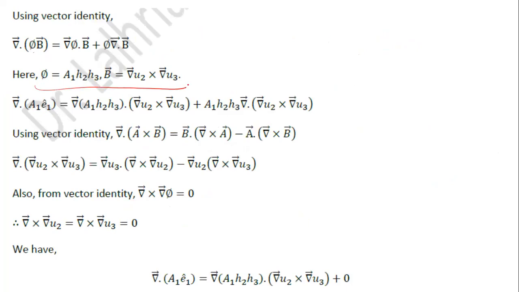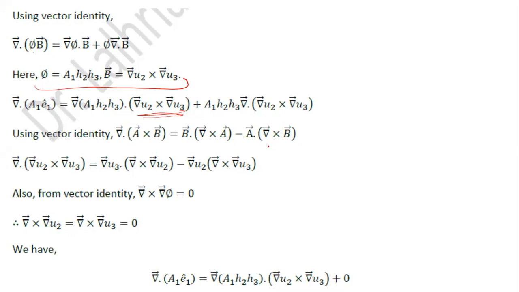Phi you take as this, b vector you take as this. So if you do that, this will result in the gradient of phi, where phi is a1 h2 h3, and b vector is the cross product between these two vectors, which results in another vector that we just assume as b vector here. So instead of phi, you write a1 h2 h3 and the divergence of this quantity. Again, there is a vector identity which you have to prove for your classroom exercise.